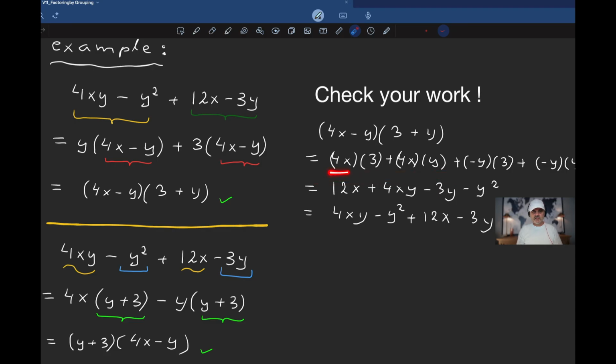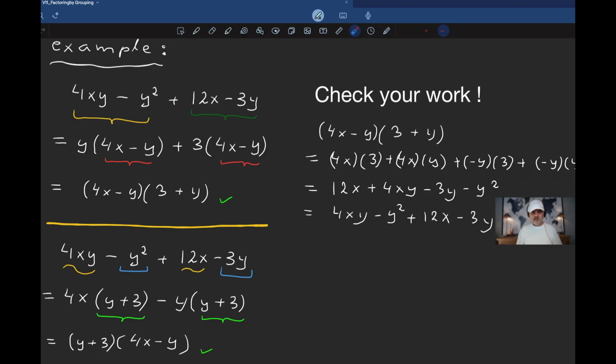So 4x times 3, 4x times y. Then my method is to add and then deal with the adjustment of the sign. So negative y times 3 and add, because I'm collecting, so I'm adding negative y times y.